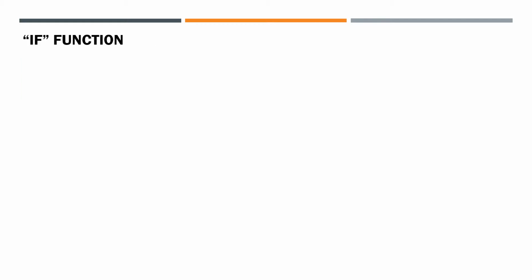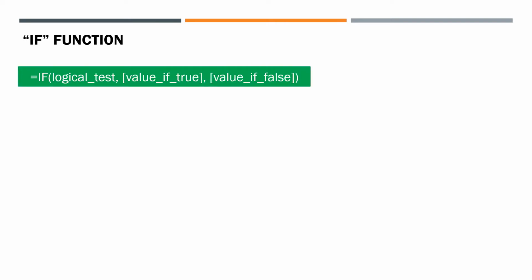The first logical function that we are going to learn is the IF function. The basic formula for the function is IF, the logical test that you are going to perform, value if true, and value if false.